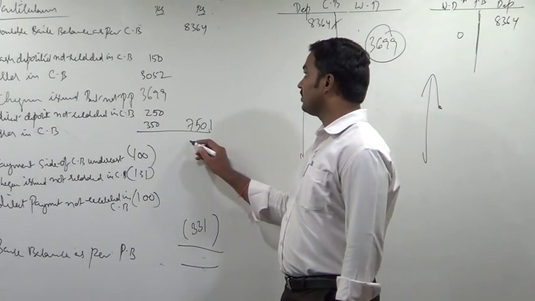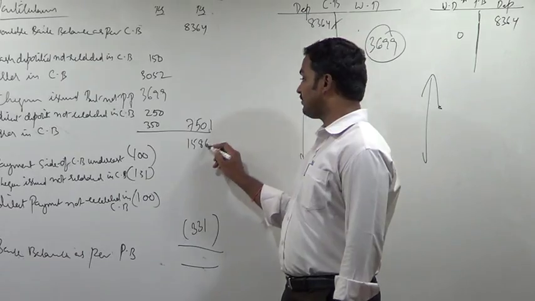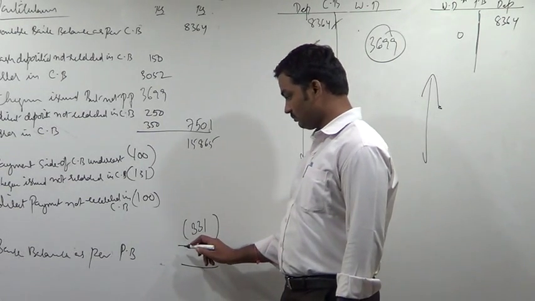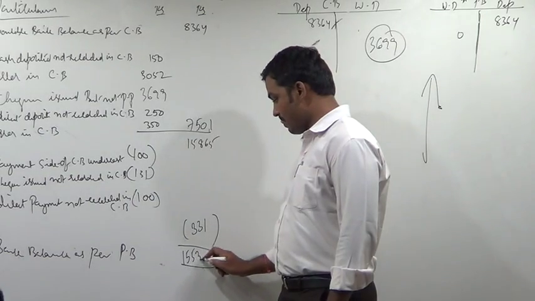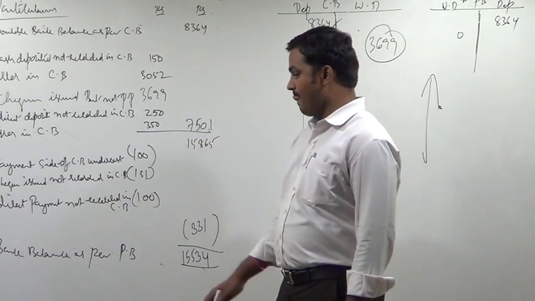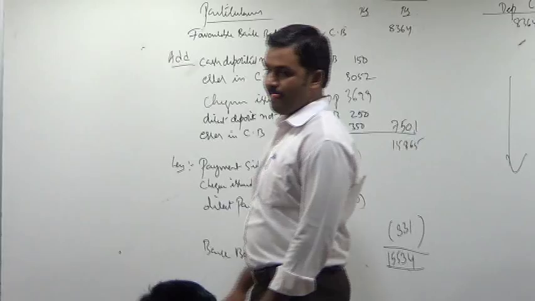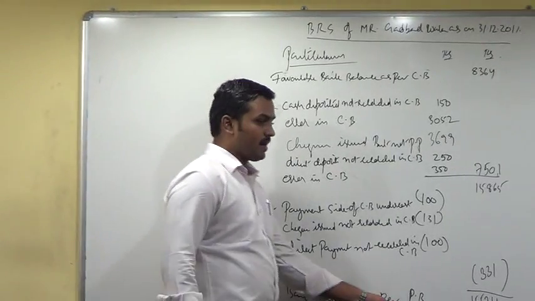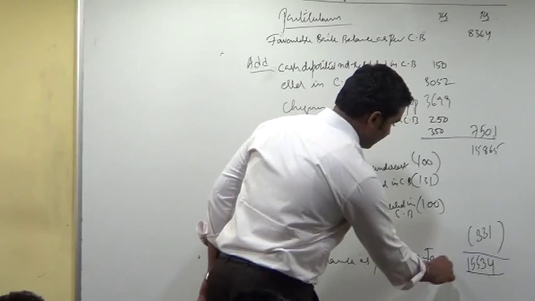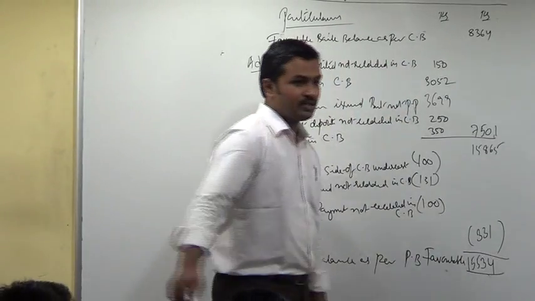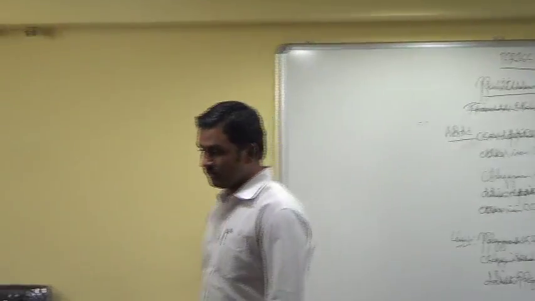Total of these numbers? 15,865. Now what is that? Bank balance as per passbook. Favorable or overdraft? See the textbook and see whether our answer is right or wrong. Yes, it is absolutely right.